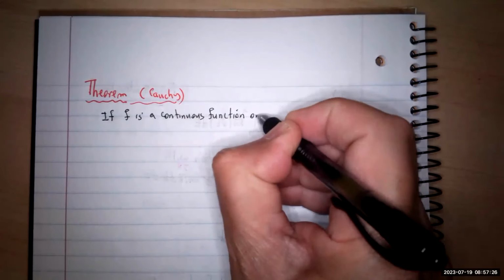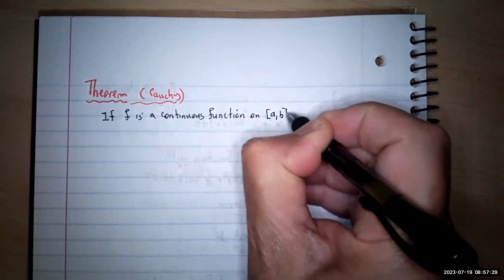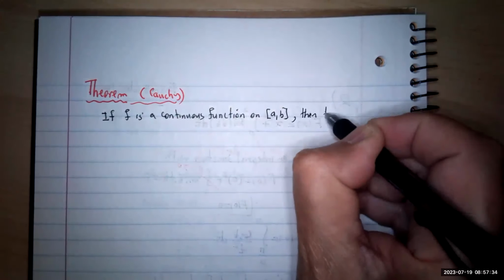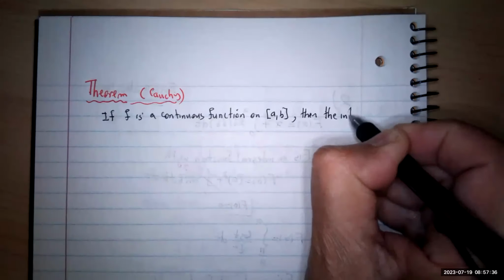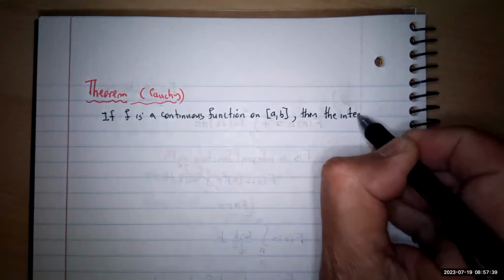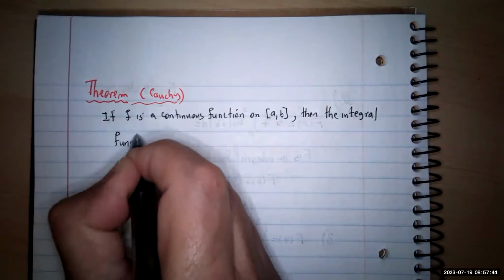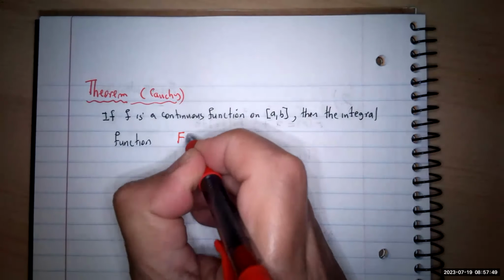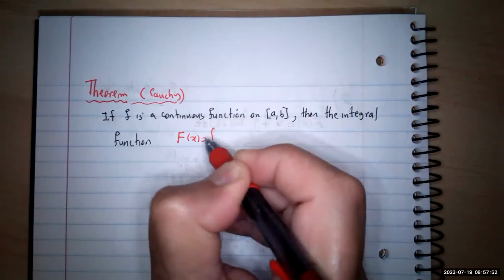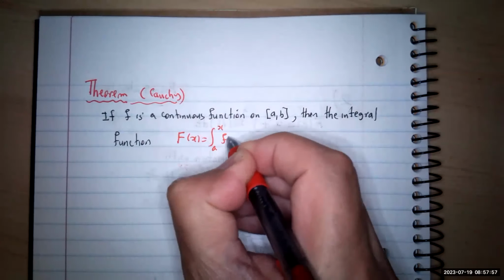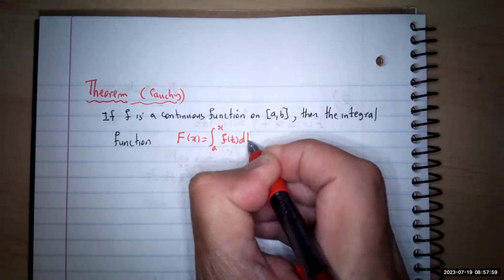If f is a continuous function on the closed interval of a and b, then the integral function that I'm going to introduce, that function F of x, is introduced by the integral from a to x of f of t dt, like the one that we talked about.